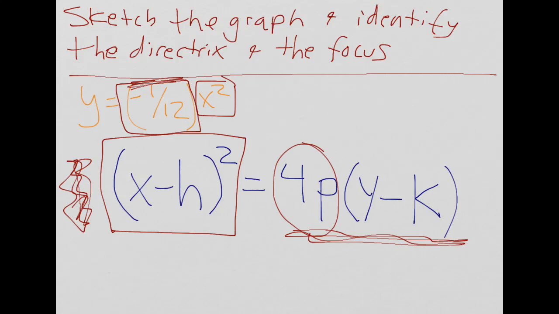So those are the things you should be thinking about. 1, how do I get x squared by itself? 2, how do I find p? And then 3, once I find p, how do I use that p-value to identify the directrix and the focus? So as before, take about 3 minutes and try to work through this, and then Mr. Hazen will replay or continue the video for you, and I'll walk you through it.